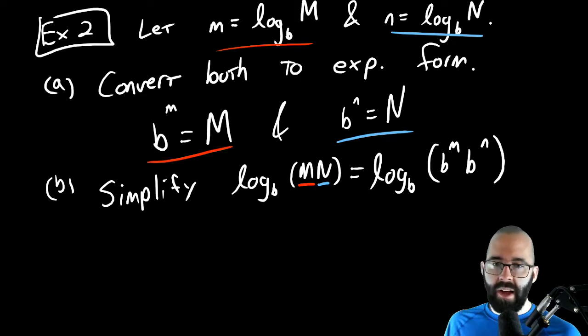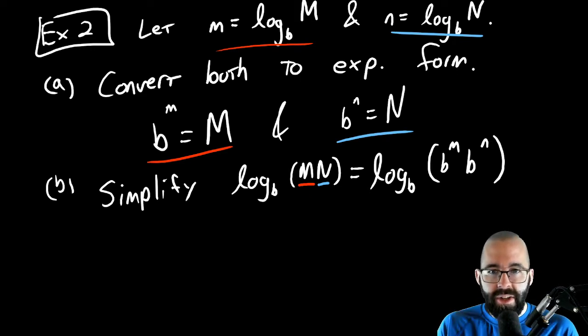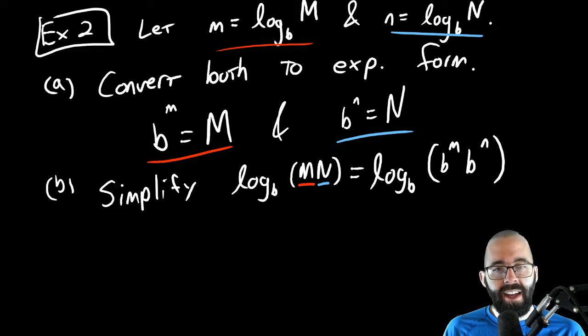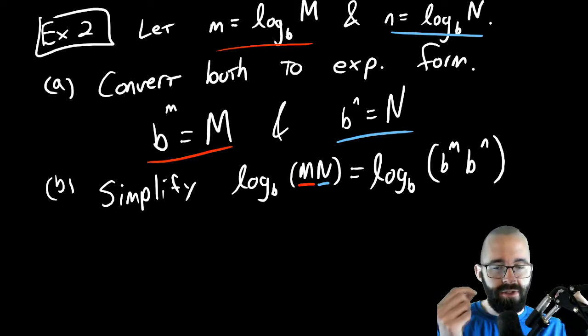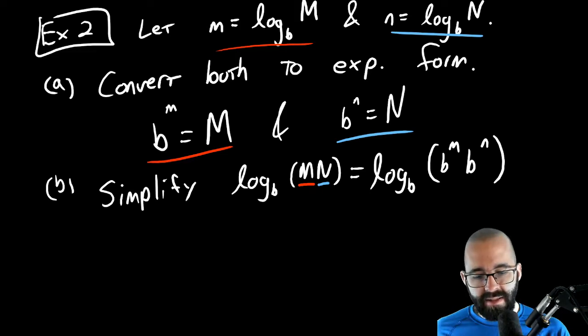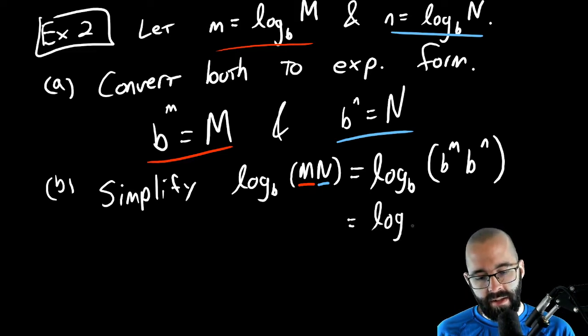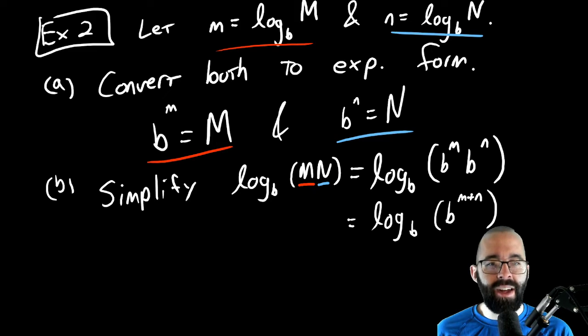Maybe we don't know a lot of properties about logarithms, but we do know properties of exponents. We can simplify this inside. If we're multiplying two exponential functions that have the same base, we just add the exponents. It becomes b to the m plus n. And now we can use our inverse property.